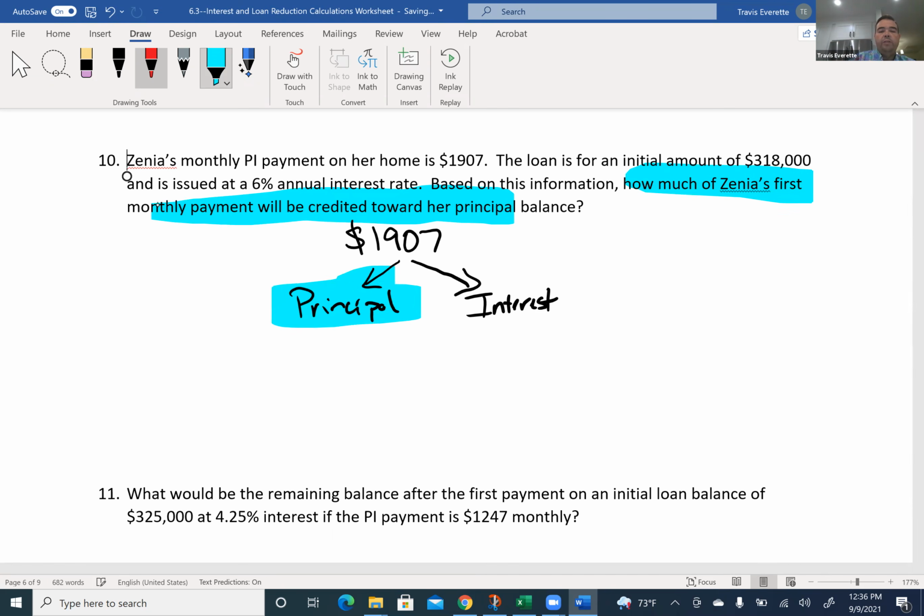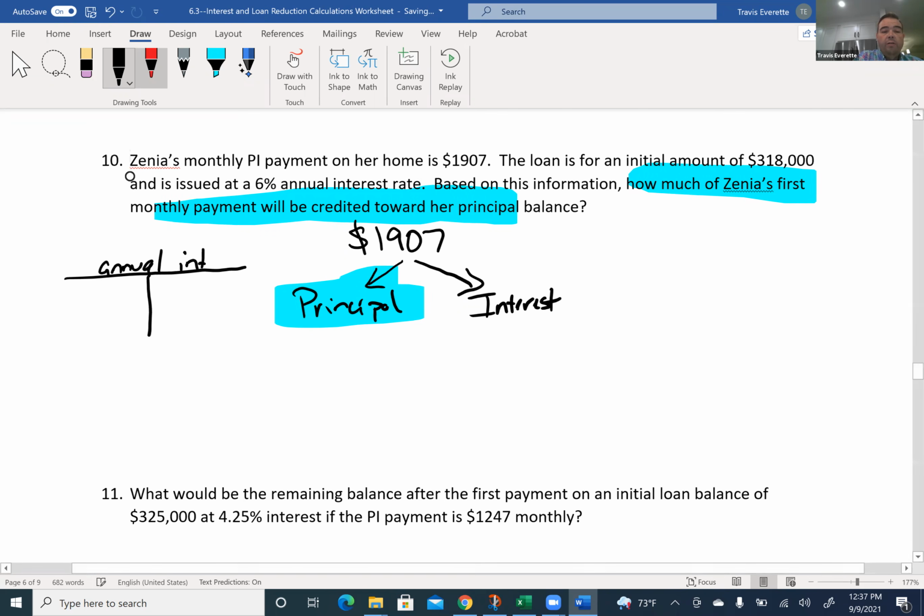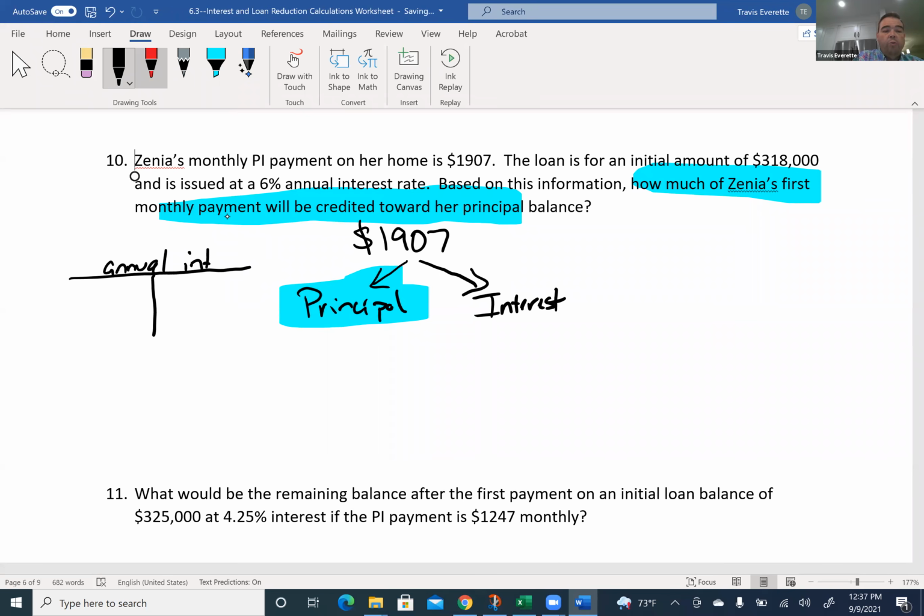So they want to know how much is right there of that 1907. So what we're going to do is first calculate how much annual interest is being paid on that loan during that month. We know that annual interest is going to be equal to the loan balance times the interest rate.